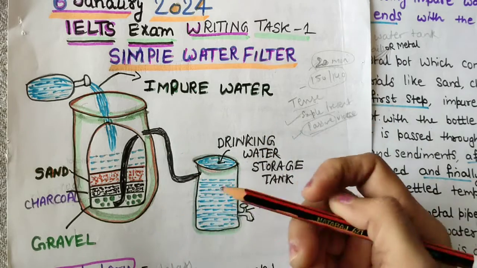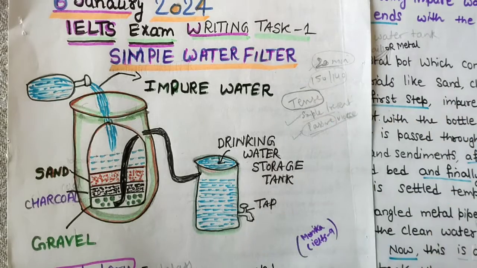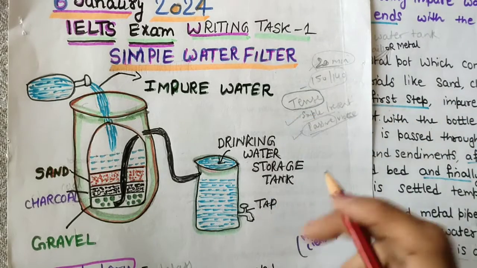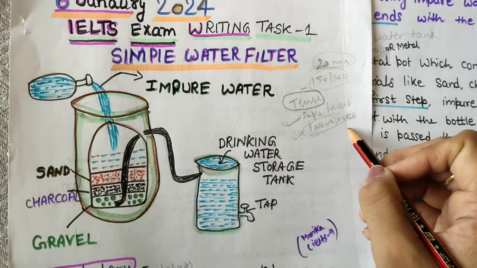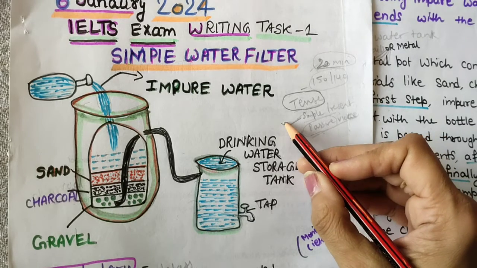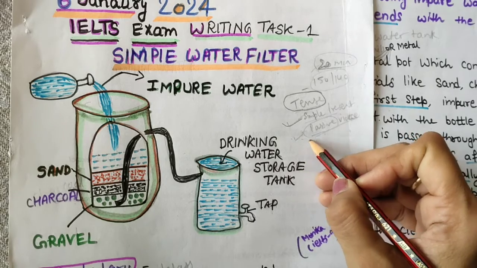Most students ask me what kind of tense we use. We are going to use simple present tense and present passive voice. Simple present tense sentences will come and passive voice sentences will come.